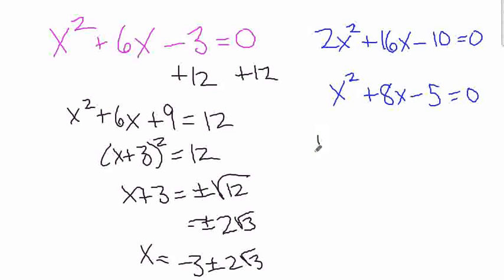So like if I had 1/3 x squared plus 2x minus 5/2, something like that. You still would get rid of the coefficient in front of the x squared. In this case, you'd want to triple everything.